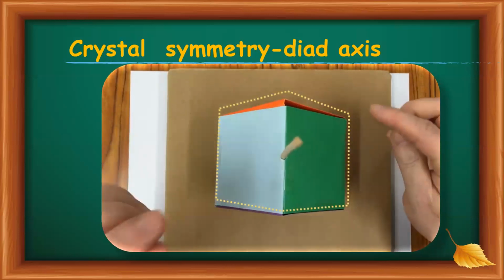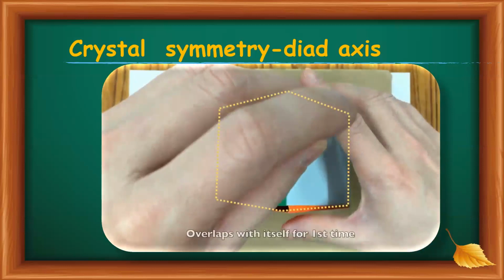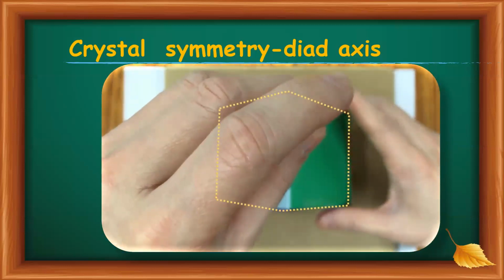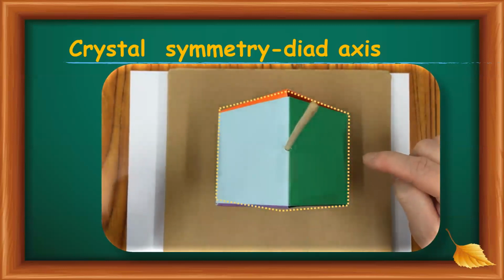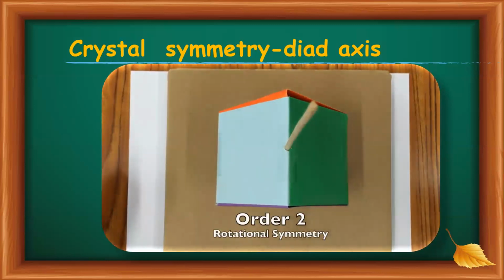And here we rotate it by 180 degrees. The shape is retained, and we make another 180. It reaches the initial position, so the order is 2. It is a diad axis.